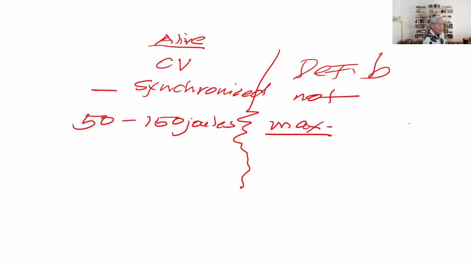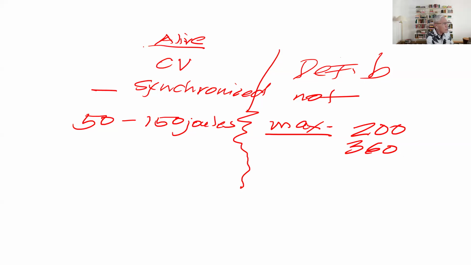And maximum could be 200 joules or 360 joules, depending on the type of defibrillator that we have. Okay? So if the patient is dead, we go all the way out and deliver as strong an electrical current as possible in order to stimulate the heart. So those are the differences between cardioversion and defibrillation.